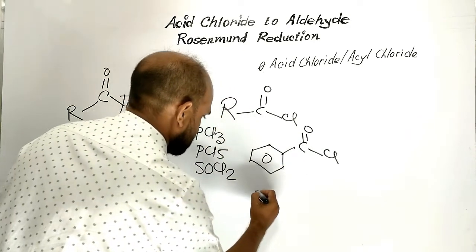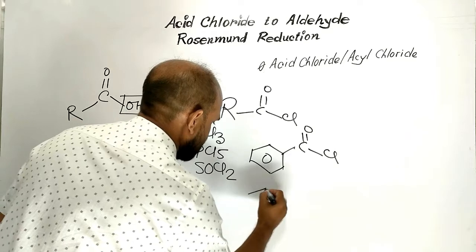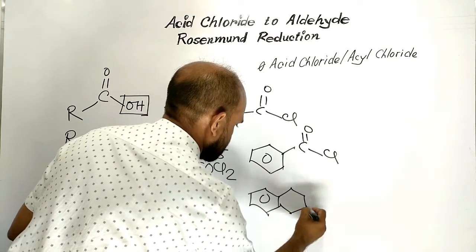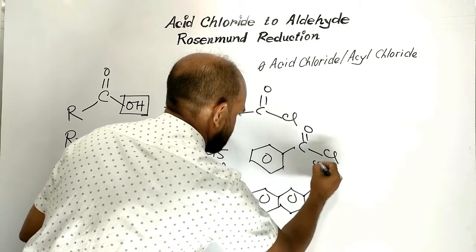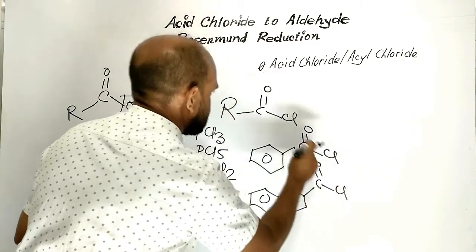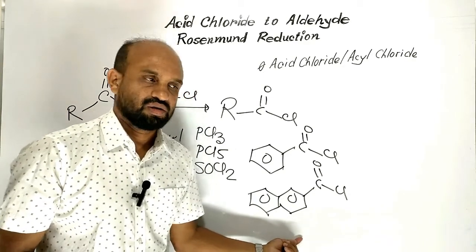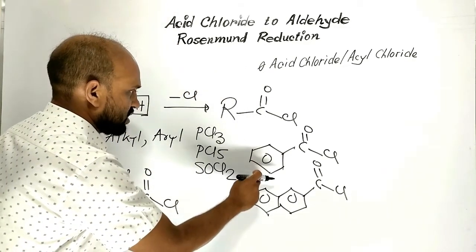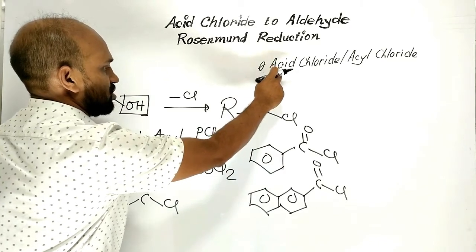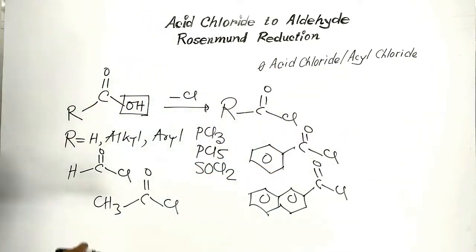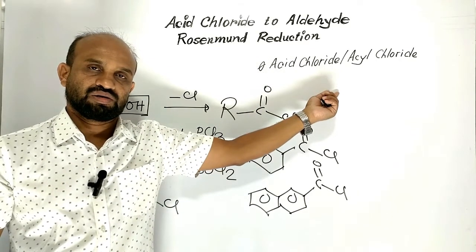If this R is naphthyl group, then this acid chloride is naphthoyl chloride. These are aromatic acid chlorides or aromatic acyl chlorides, and these are aliphatic acyl chlorides.